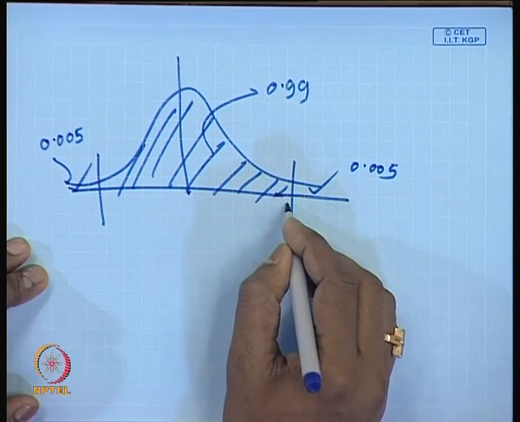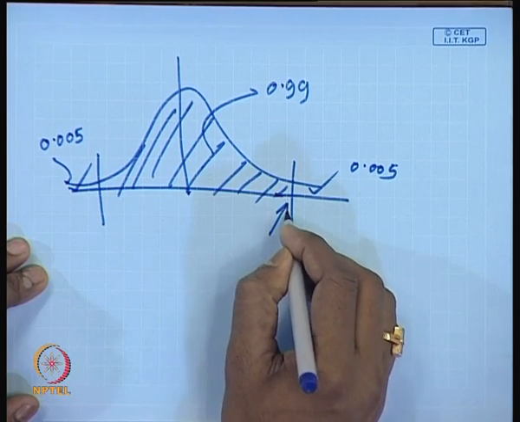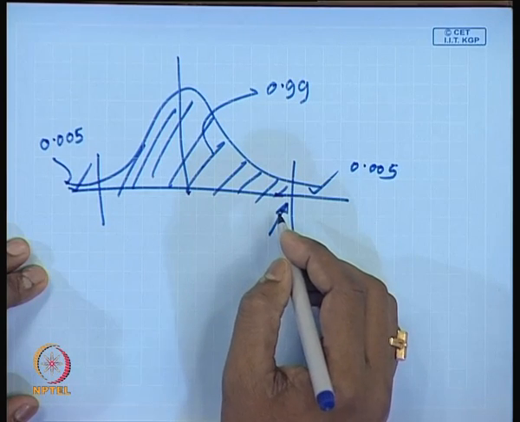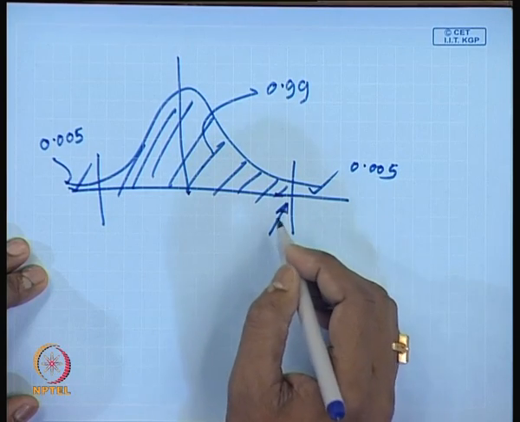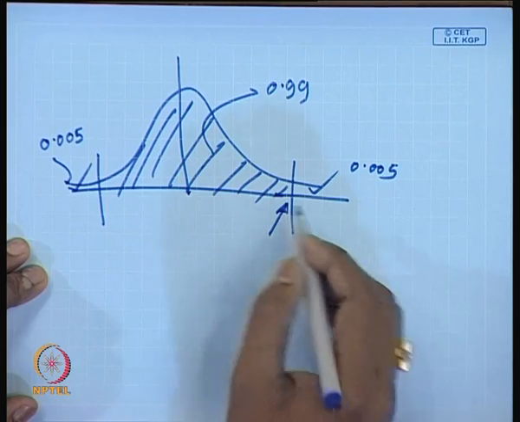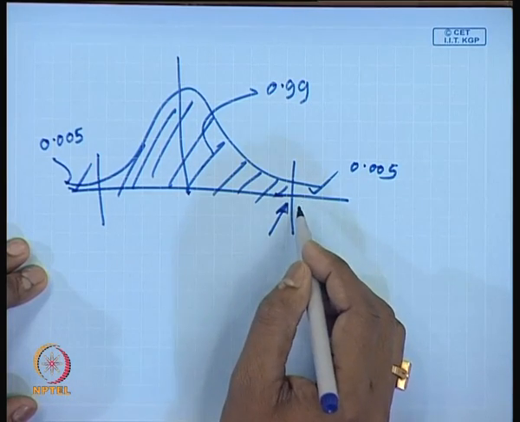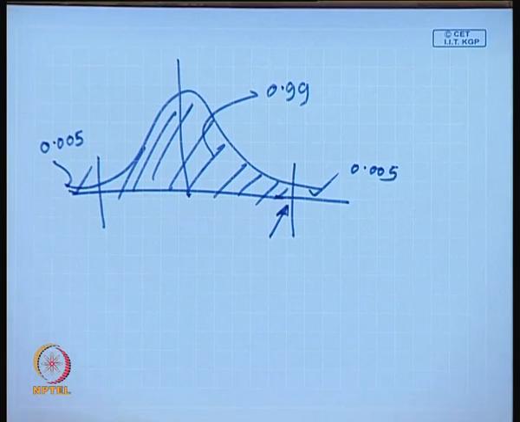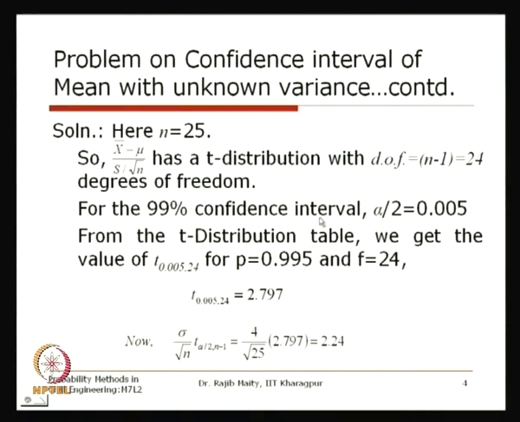That makes the total equal to 1. So, here we can have this value, and that value multiplied by s by square root n and added to the mean will give you the upper limit, and subtracted from the mean will give you the lower limit. So, for the 99% confidence interval, alpha by 2 is equal to 0.005. From the t distribution table, we get the value of t 0.005, 24.